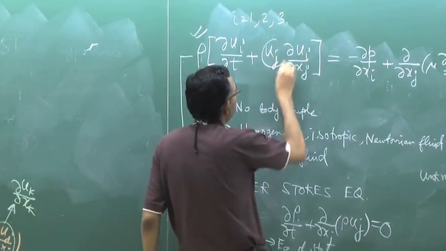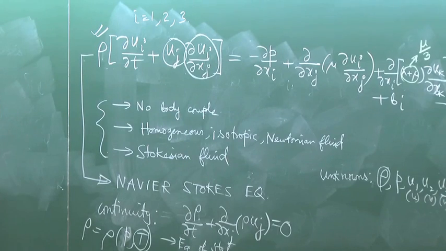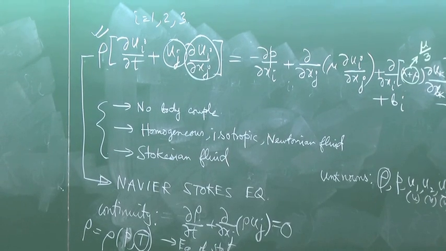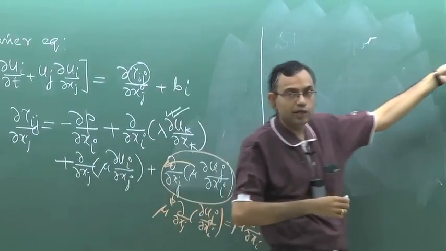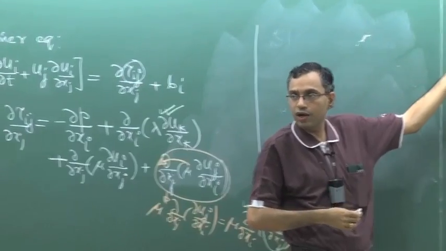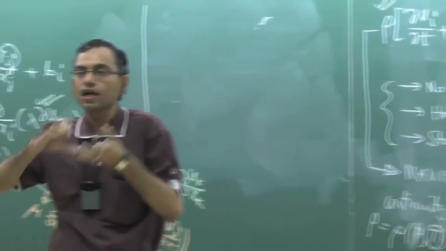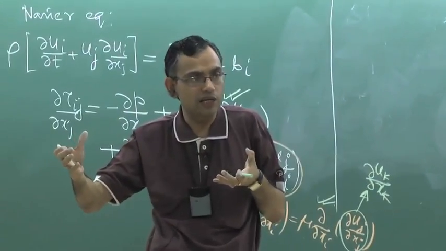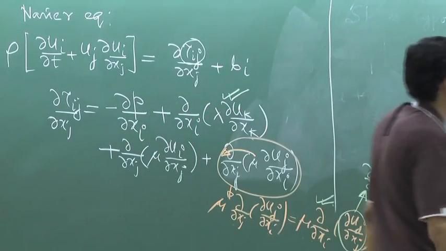Because of these kinds of terms. This is actually the nonlinear term. This is not actually one equation, these are 3 equations, i equal to 1, 2, 3. So it is a nonlinear coupled system of partial differential equations. This is point number 1.